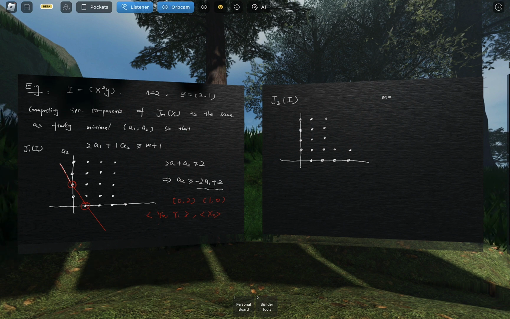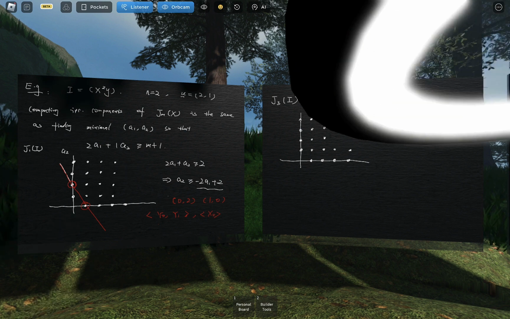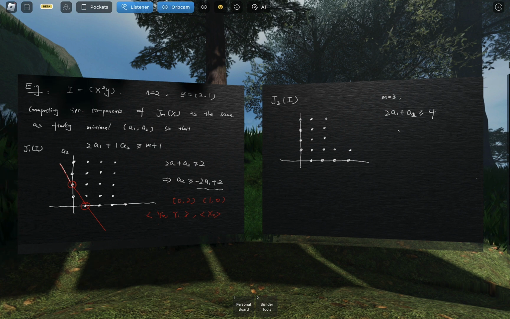When m equals 3, we have this equation, 2 times A1 plus A2 greater than or equal to 4. Then A2 is greater than or equal to minus 2 times A1 plus 4. Then we can draw this line, and now we want to pick the minimum ones, which will be this one, this one, and this one.